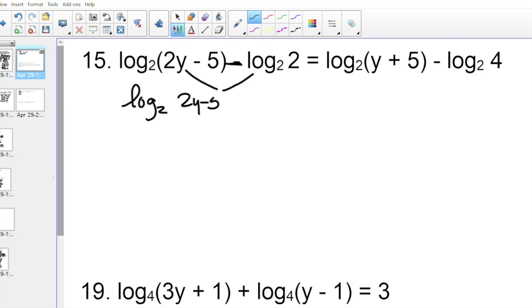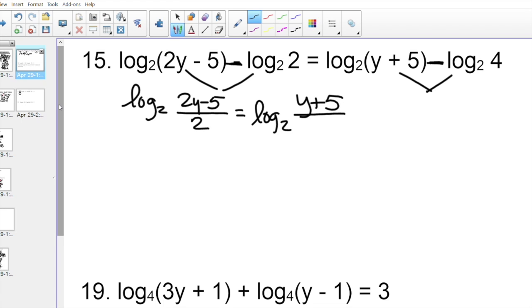Now over here you're subtracting. So you'd have log base 2. Now that means you were dividing. In other words, this subtraction means you were dividing. The numerator is y plus 5, the denominator is 4.